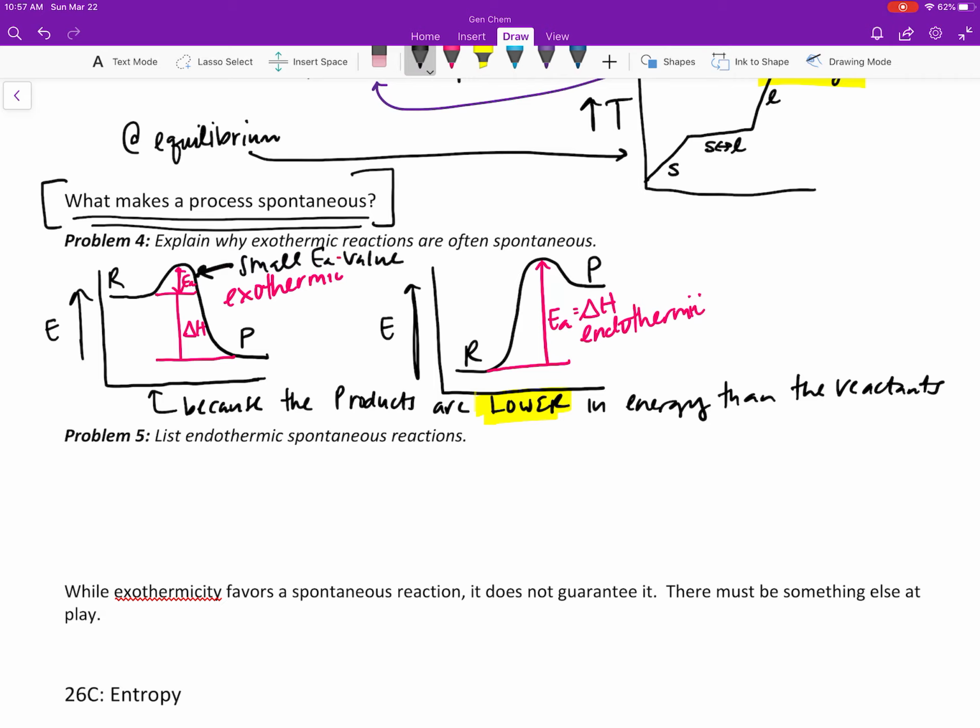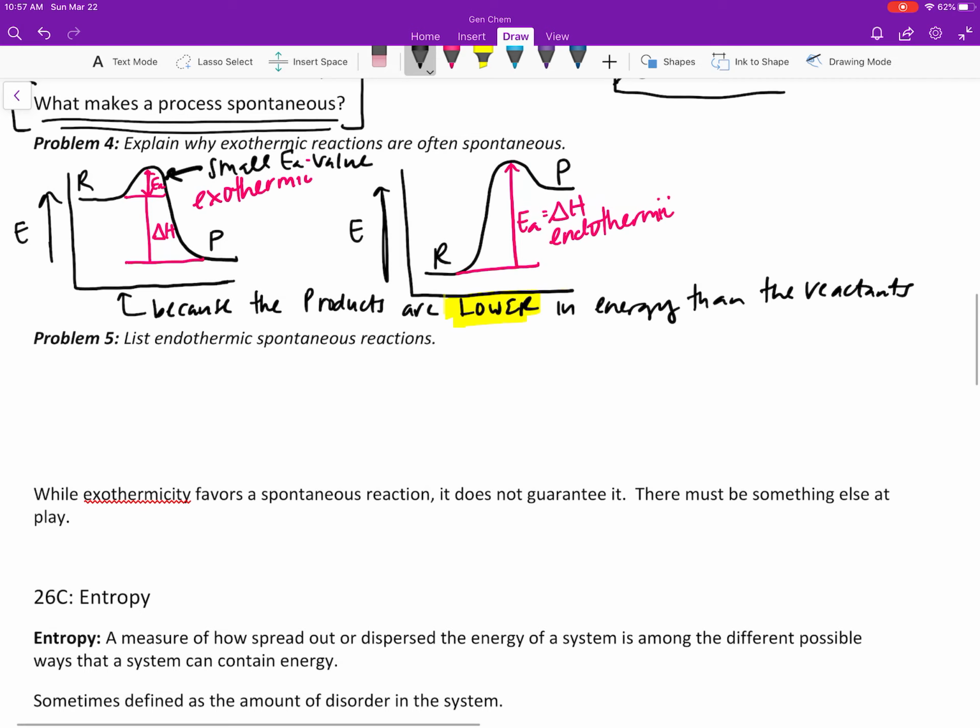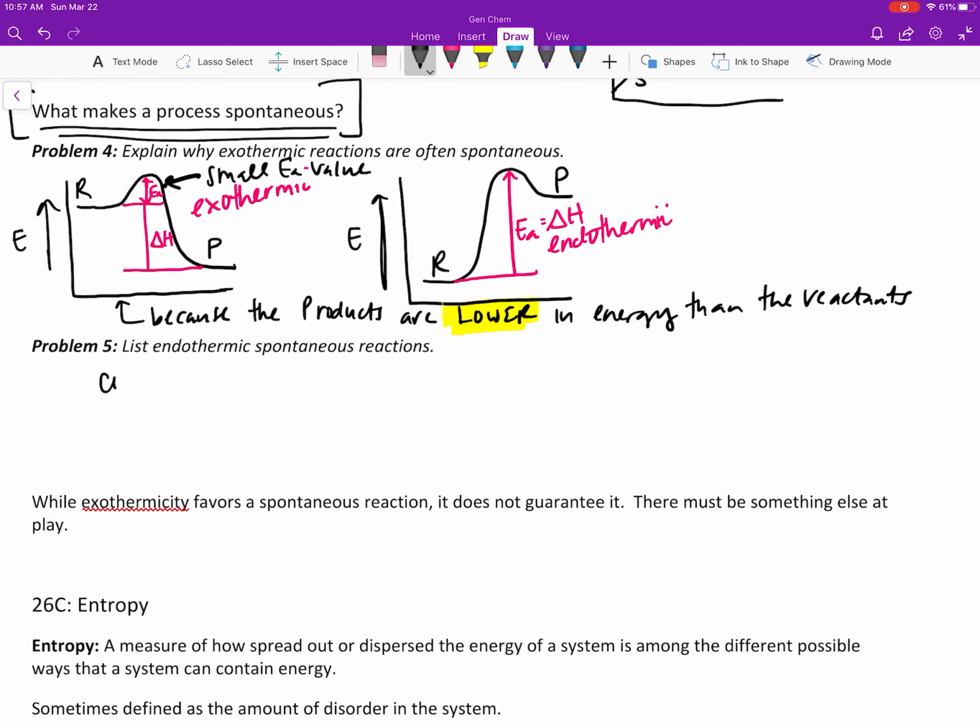Okay. So this says list some endothermic spontaneous reactions. The one that I can think of that's the most common are those cold packs. They have the kind where you snap the packs and they heat up, like I think they're called hot hands. It's like an as seen on TV thing. We sold tons of them when I worked at Walgreens in college.